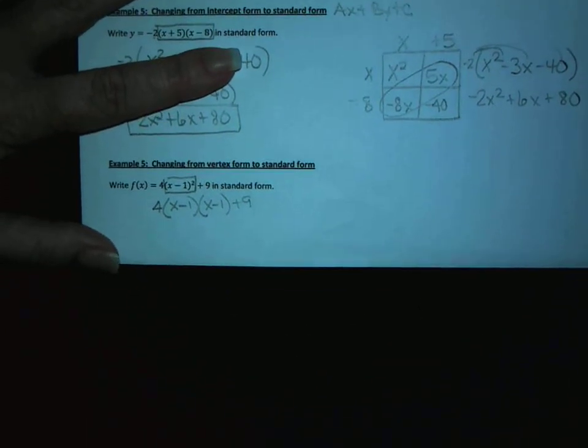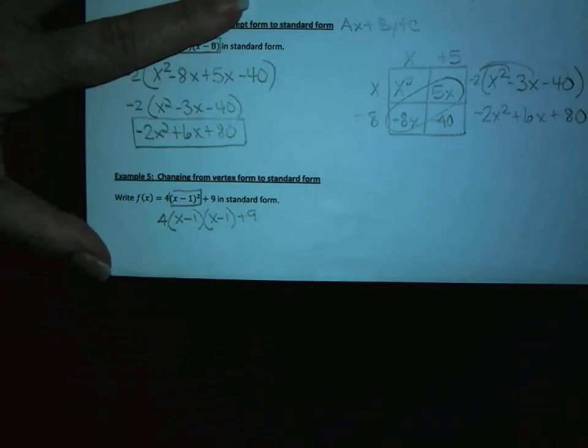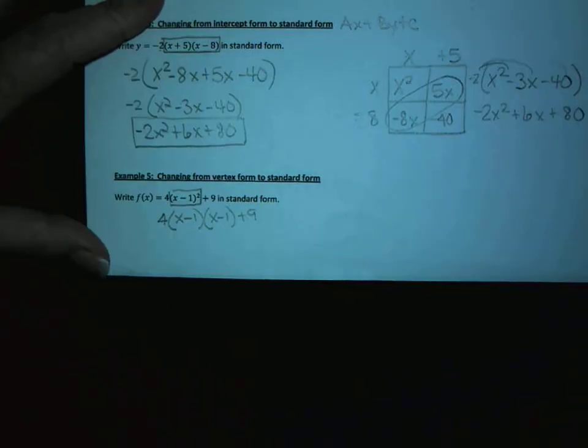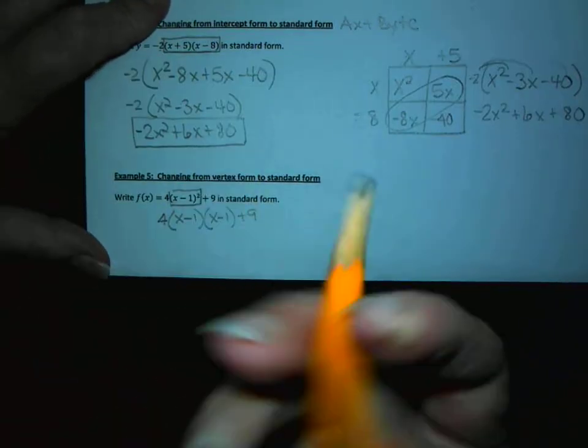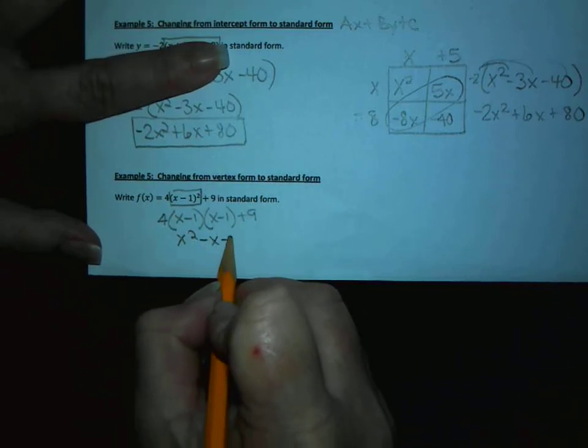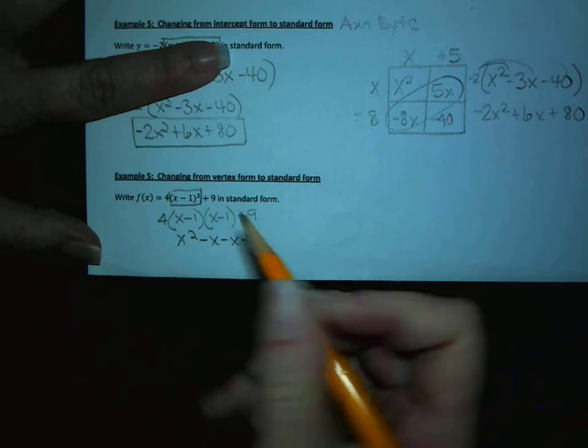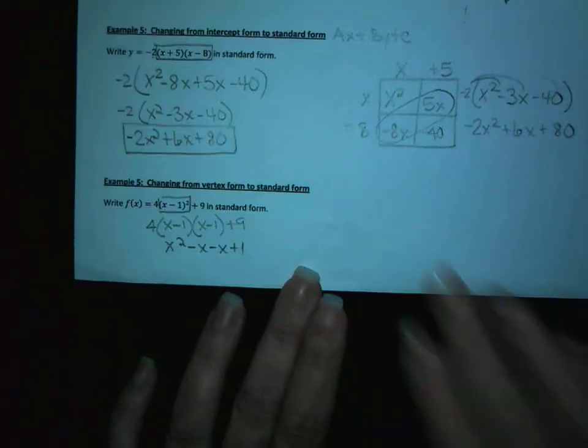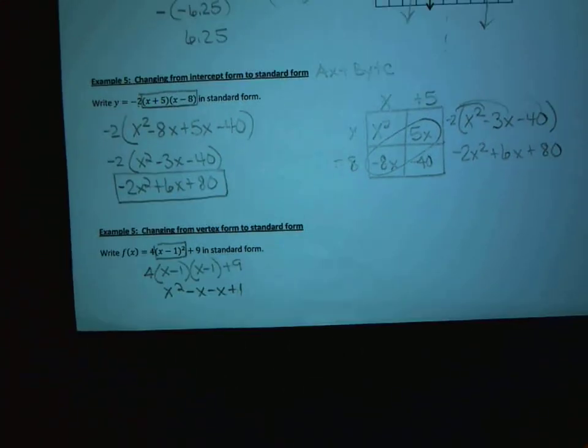So again, if you want to FOIL it, you're going to FOIL the x minus 1 and the x minus 1. Oh, I'm laughing because I'm almost done with this video and my ink pen just ran out. So I'm going to have to use this pencil. All right, x squared minus x minus x plus 1. Combine like terms in the center there.